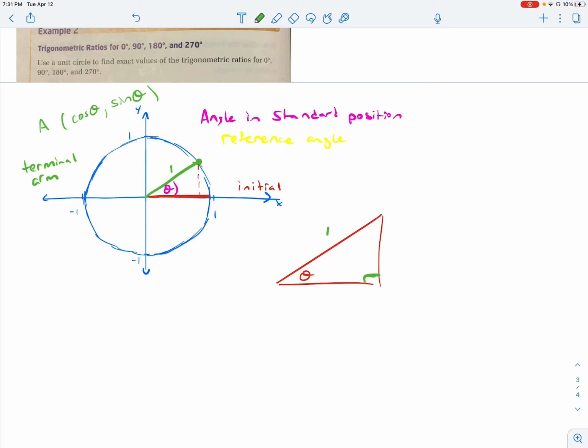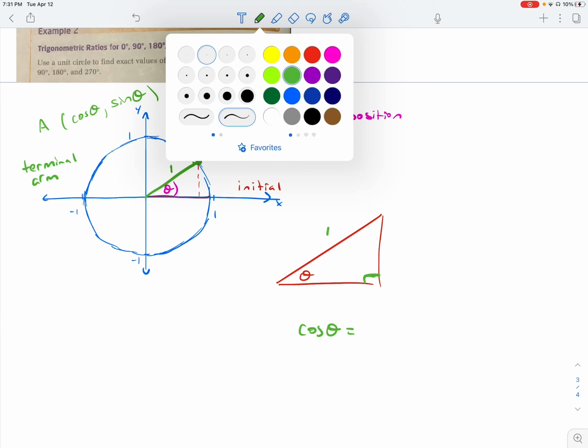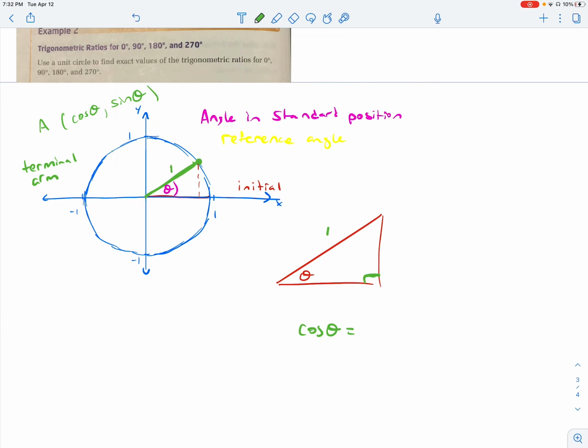If I write out an expression for cos theta, it's going to be the adjacent, which is this length, over 1. Well, what is the length of this right angle triangle? Let me redraw this here. This is the triangle up here, right?